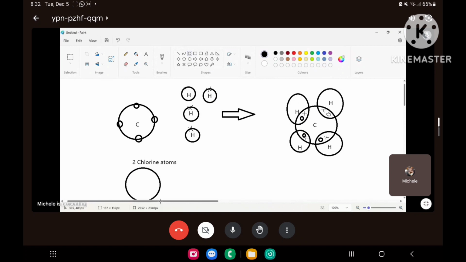So in the periodic table, wait, I'll just open the periodic table. Can you see? Okay. So in here, basically we have like the space.